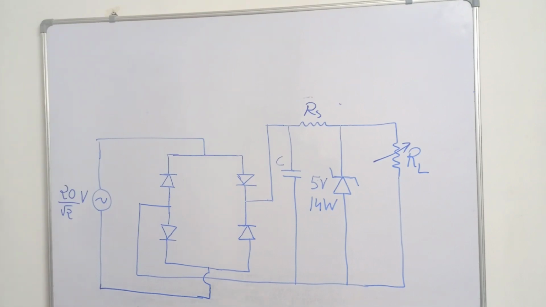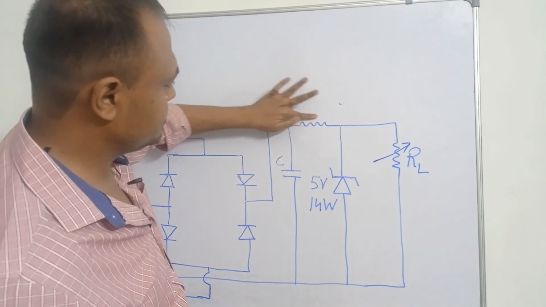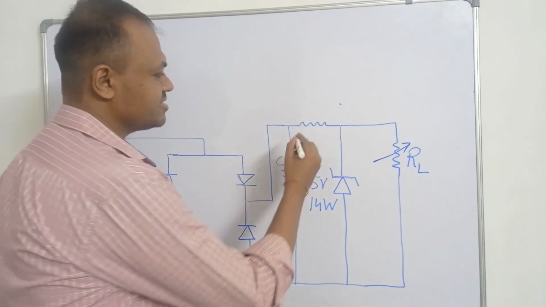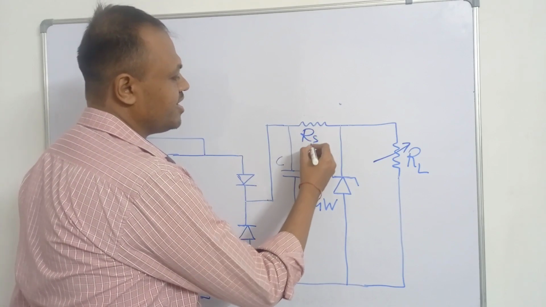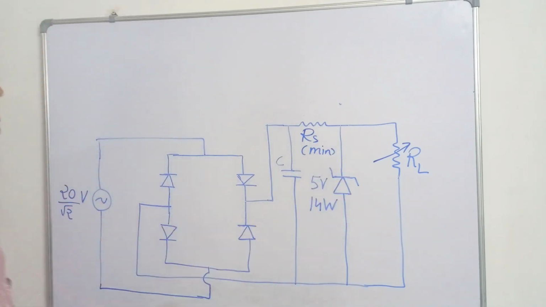What we have to do is, this resistance Rs is given. We have to find its minimum value so that this Zener diode does not burn out. First of all, the RMS value is given as 20 upon under root 2.